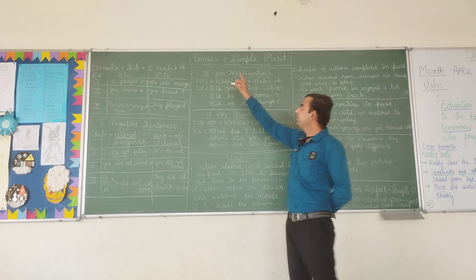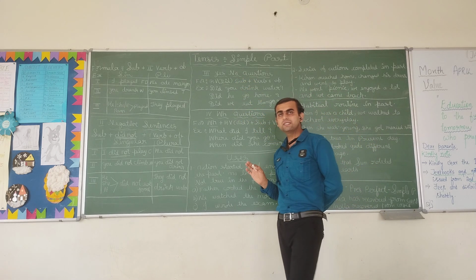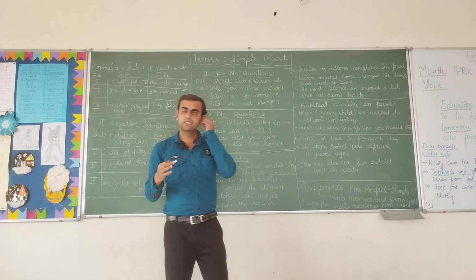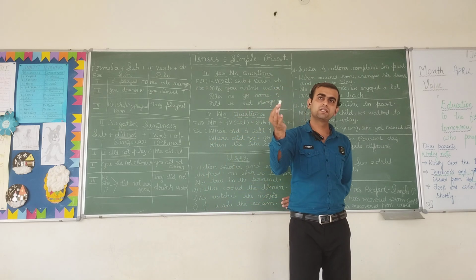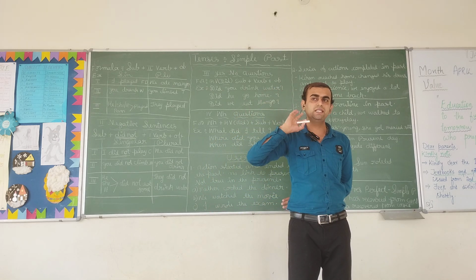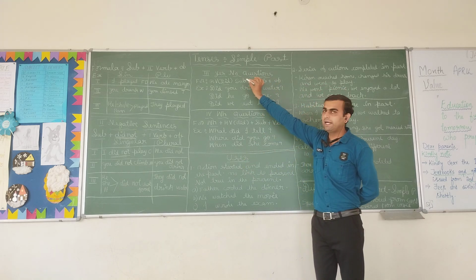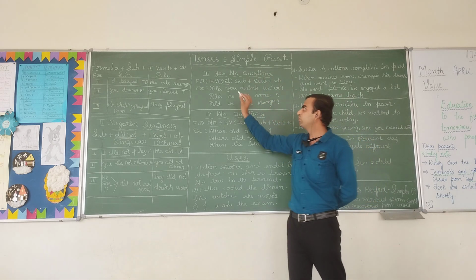Now, third, I will ask how to make a yes-no question in the simple past tense. What are yes-no questions? A yes-no question means a question where, when we ask, the answer must always be either yes or no. I will tell the formula to form a yes-no question in the simple past tense.